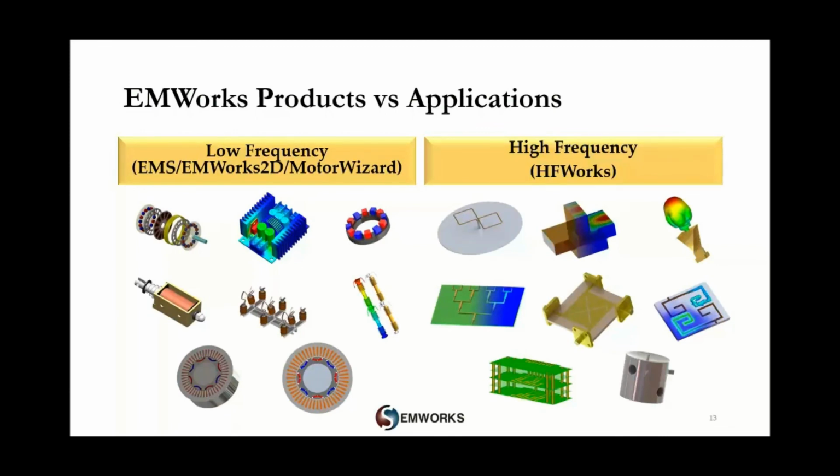These products can be used to design and simulate applications such as cables, insulators, bus bars, eddy current braking systems, wireless charging devices, transformers, and electrical machines. And within high frequency category, we offer one product which is known as HFWorks. This product can be used to design and simulate high frequency applications like antennas, waveguides, filters, resonators, connectors, etc.